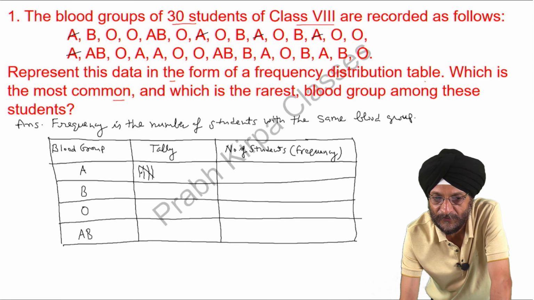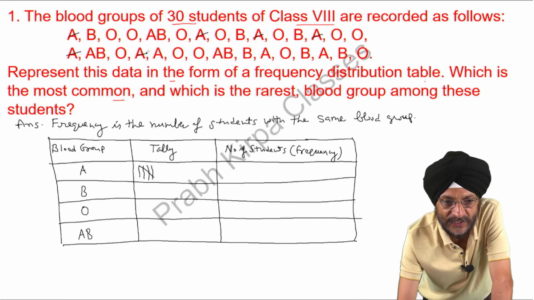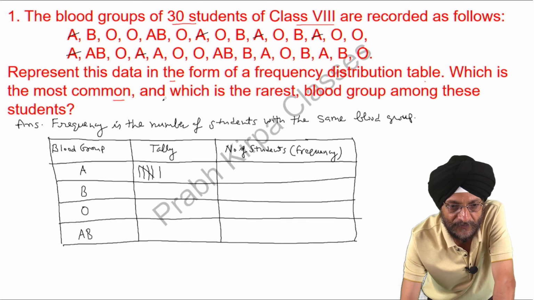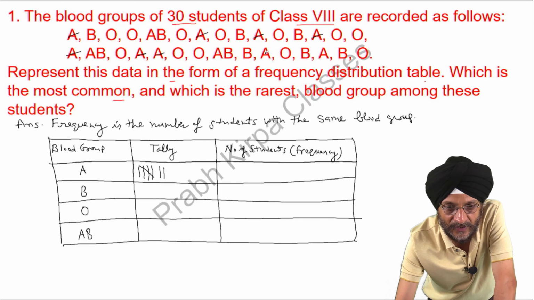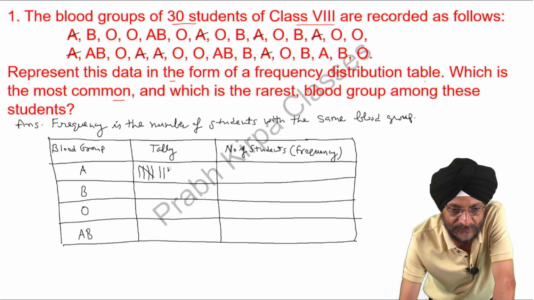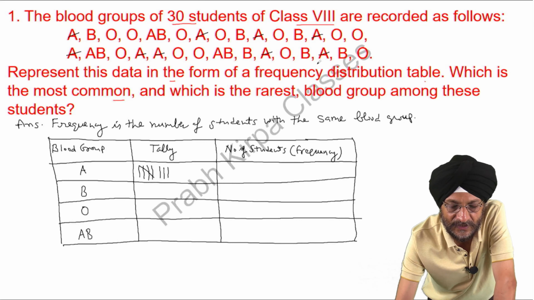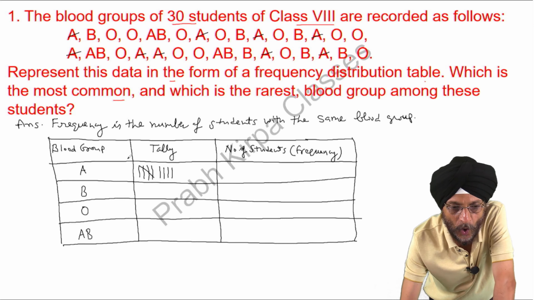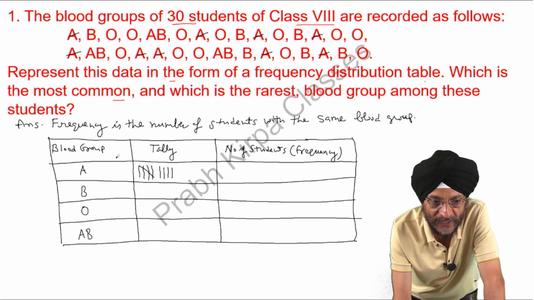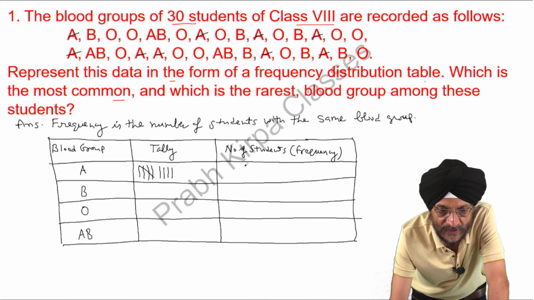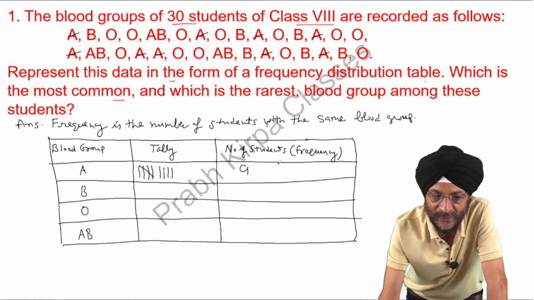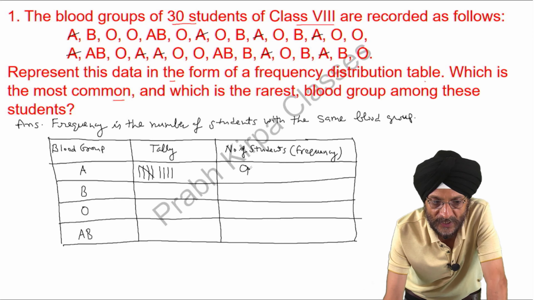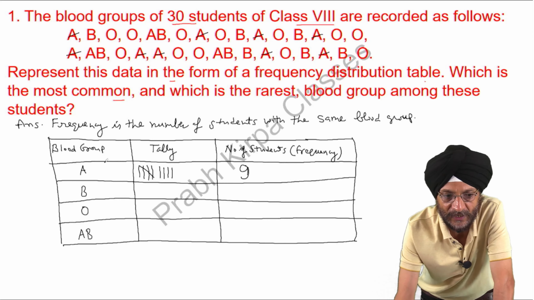It will be 1, 2, 3, 4 and this will be the 5. Now this is the 6th, this is 7th, this is 8th, this is 9th. So how many students have blood group A? It is 9. The frequency of blood group A is 9. We can also say that the number of students having blood group A is 9.